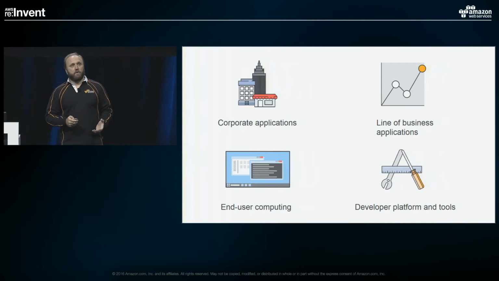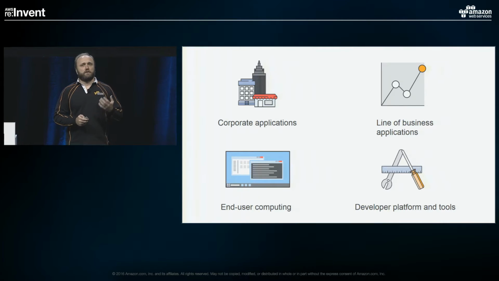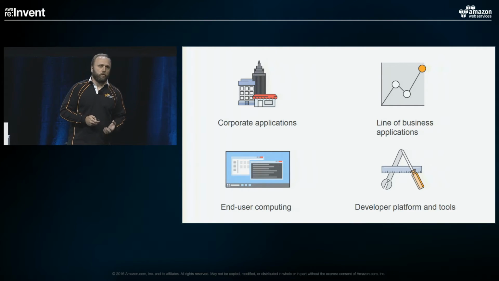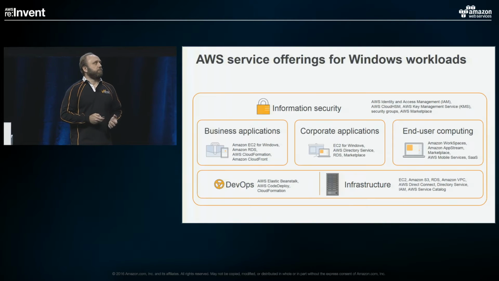Then there's a number of line of business applications, be that the ERP applications that are effectively specific to your business, or .NET applications and custom applications that have been built. There's also end-user computing, everything from the workstations and deployment of the same, configuration management of the same, and of course the developer platform and tools, which we're going to cover.